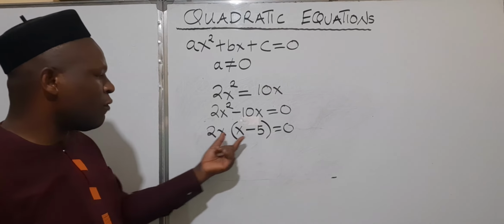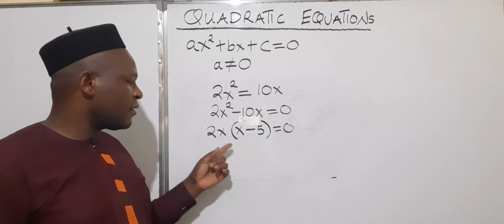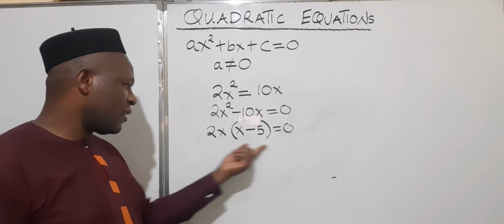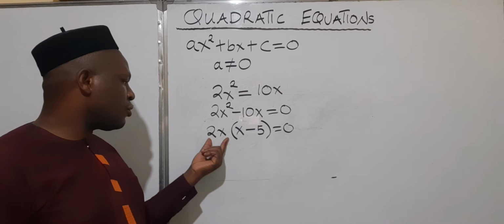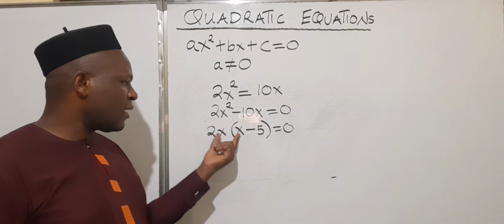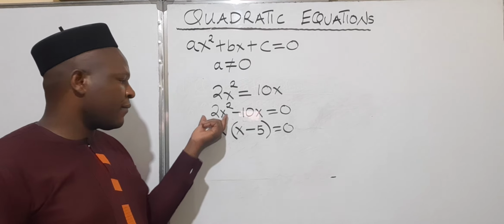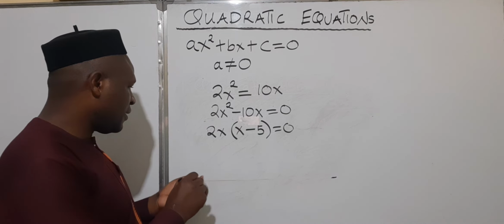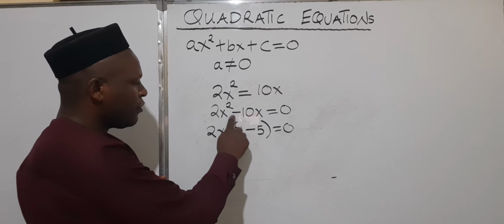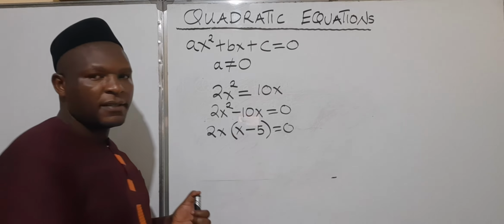For you to be sure that what you are doing is correct, at this point, just expand this. 2x multiplied by an x here, you must get this. And 2x multiplied by a negative 5, you must get a negative 10x.